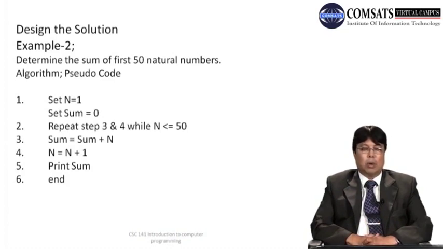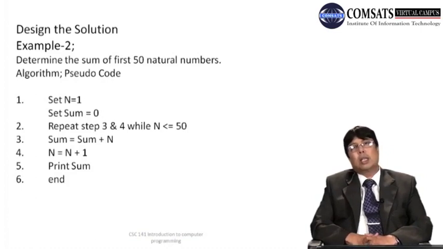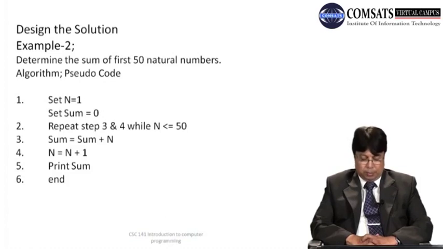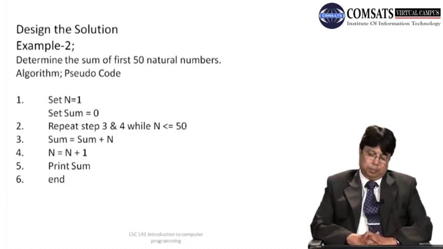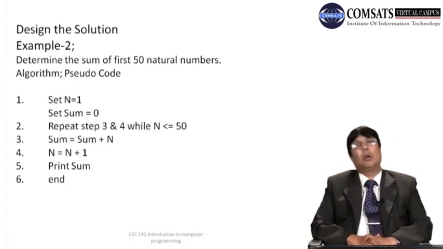I need to define some more concept here, but initialization means to assign some initial values to what? I need to define a concept which is called variable. Remember, we talked about RAM, we talked about memory.